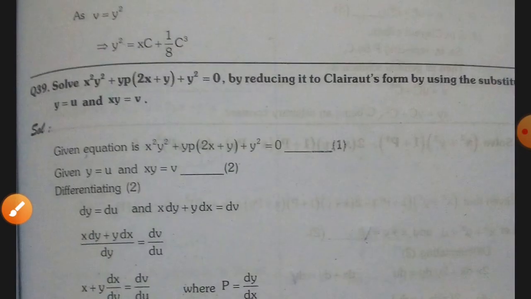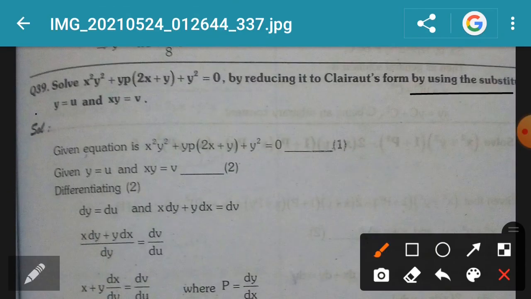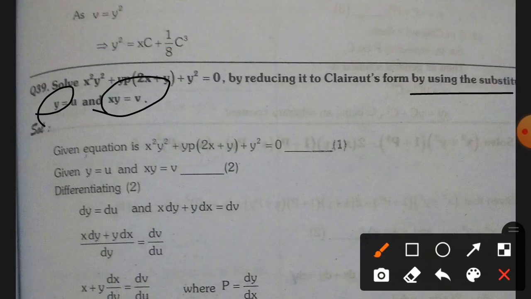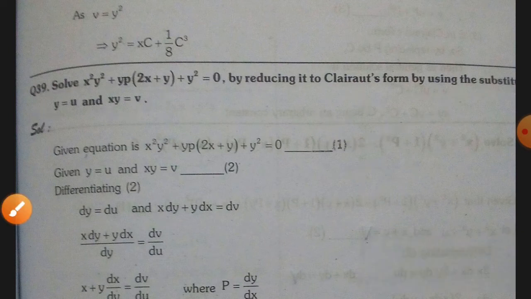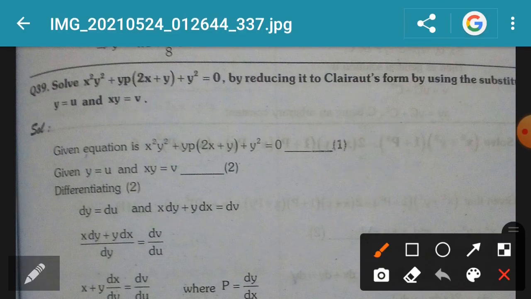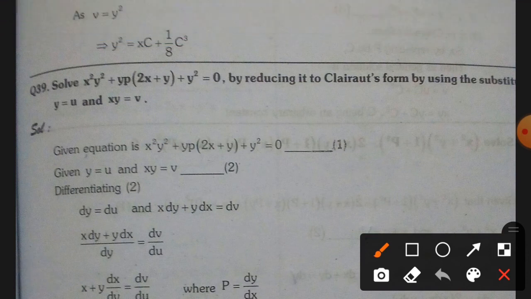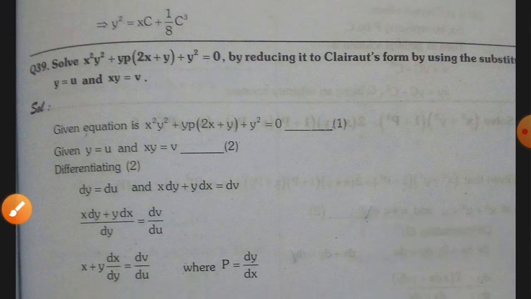Observe here, what is the substitution? y equals u, and xy equals v. Generally, the reducible to Clairaut's form is x square equals u, y square equals v, and this is the procedure, but for the given question we have to take those values only. We compulsorily use this condition to prove reducible to Clairaut's form.